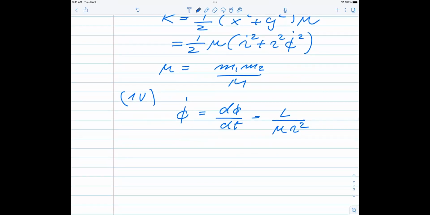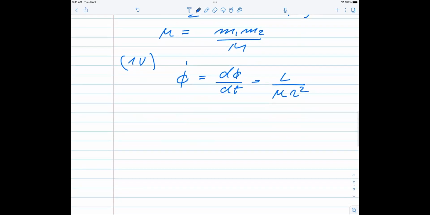And L is conserved, and r is just the radius. So there is a dependence between the angular velocity and the radius. And when we come to the gravitational force, we are going to find an expression of the radius in terms of, not the angular velocity, but the angle phi. So we're going to use the chain rule and some tricks in addition to find the solution to the differential equation.